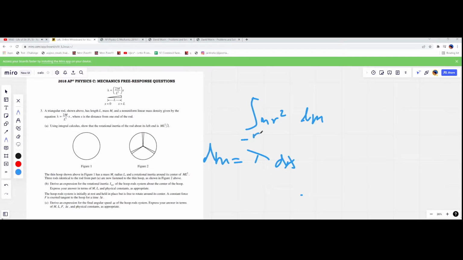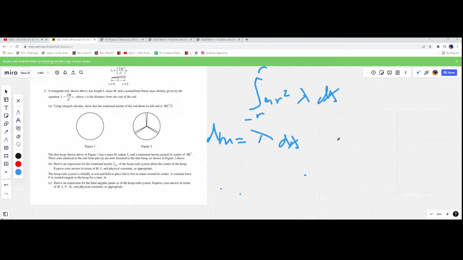So you do from minus r to r of mr squared lambda dx, and then now you just integrate, I'm pretty sure.